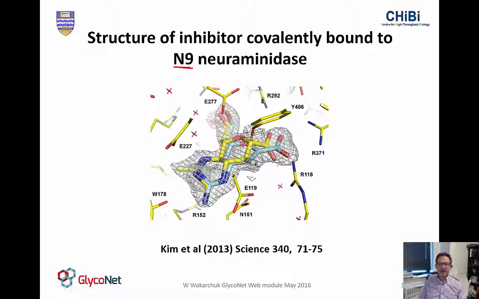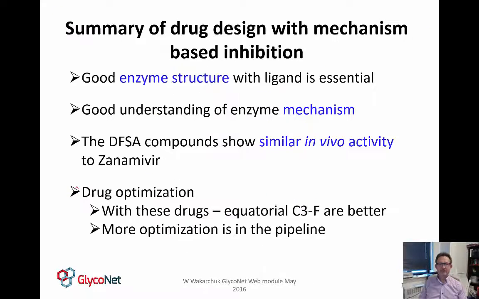And what was particularly nice to see is that the binding mode for the covalent inhibitor is as you would expect, with the involvement of those residues that we were talking about before, E227 and E119, and we've got rather nice density for the covalent linkage to the nucleophile tyrosine 406.